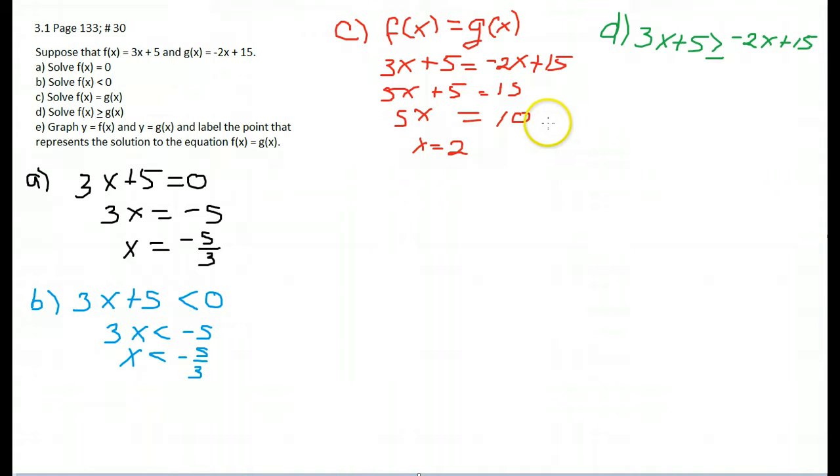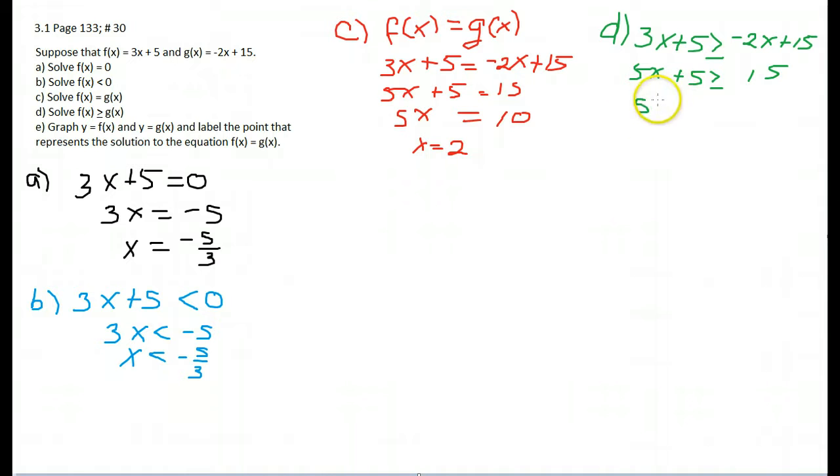We start the same as if we solved the equations in part C. We are going to add 2x to each side. So 3x plus 2x makes 5x. Bring down plus 5, greater than or equal to, and bring down the 15. Then we are going to subtract the 5 from each side.